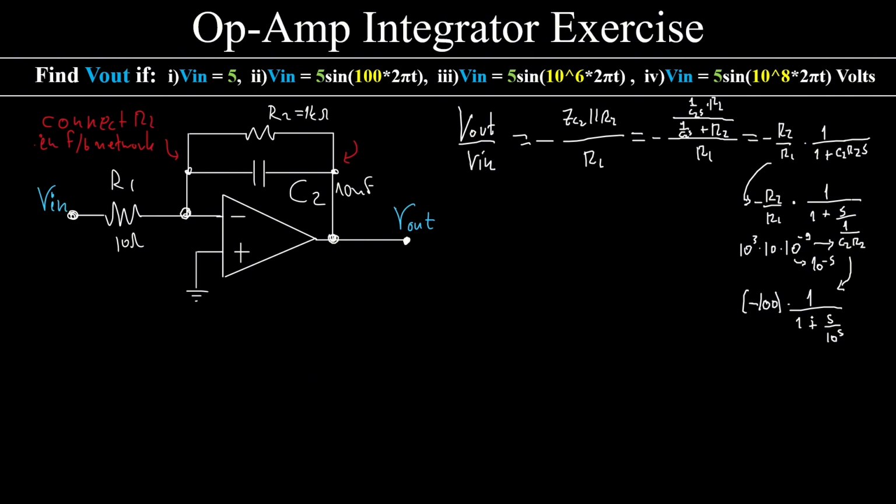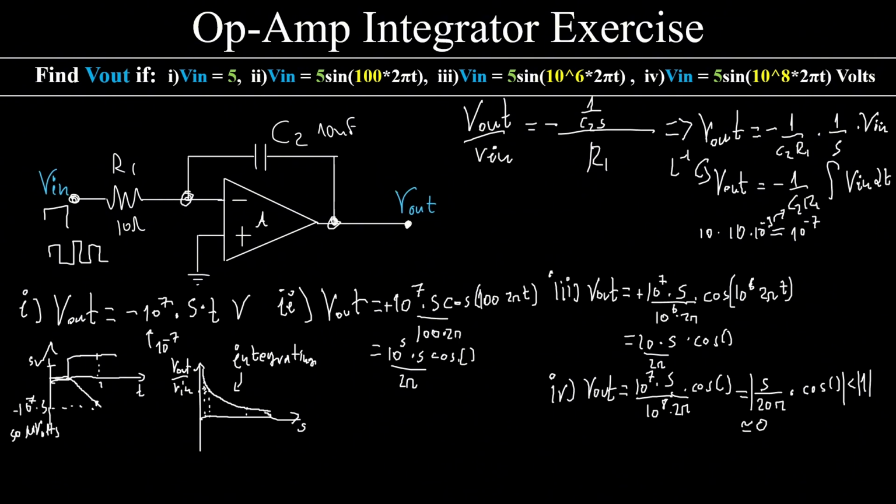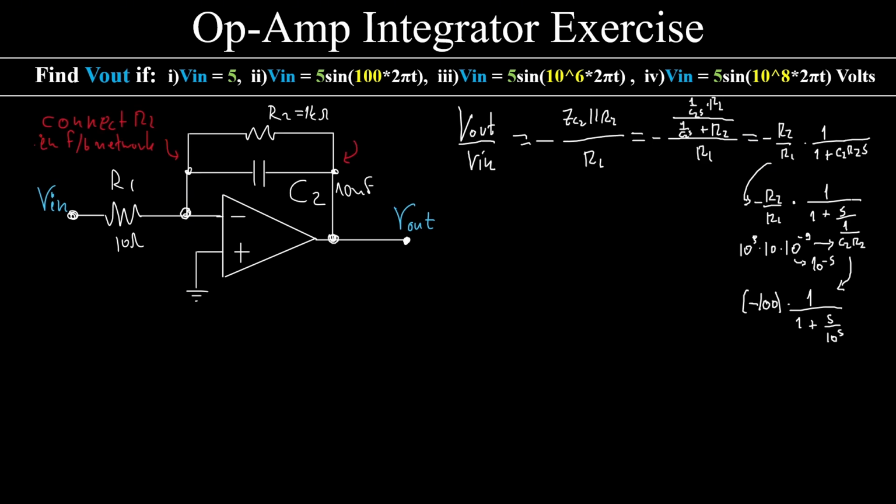What if this frequency gets high enough, very high, much higher than this? Well, this term then overwhelms this term. And this becomes a typical op-amp integrator as we had before in our previous slides. Remember, for the integrator we have now nothing but 1 over s times something times the input voltage.